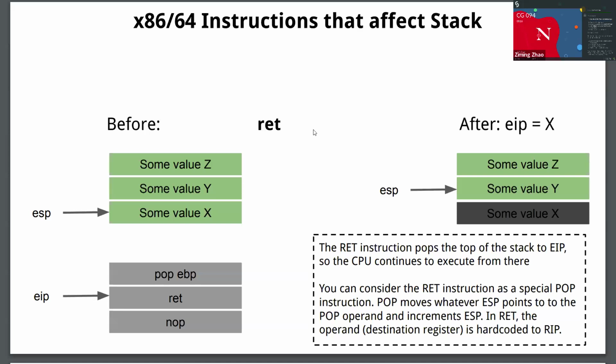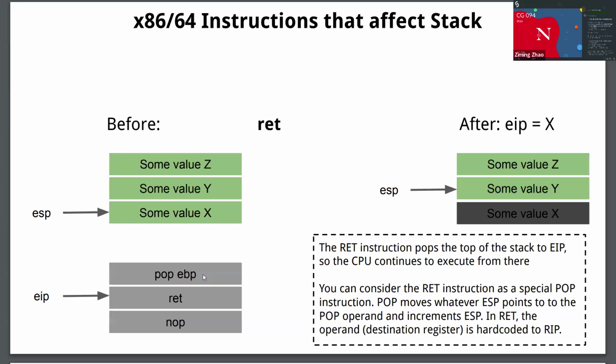For example, the code looks like this. There's a pop EBP. Then we're about to execute the instruction return. The stack looks like that. ESP points to some value X. So return is basically a pop. We are going to pop whatever ESP points to, which is X, into the register EIP.